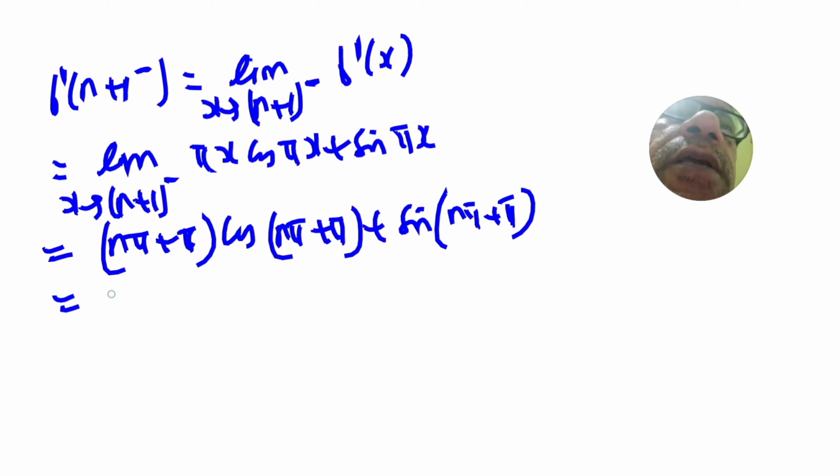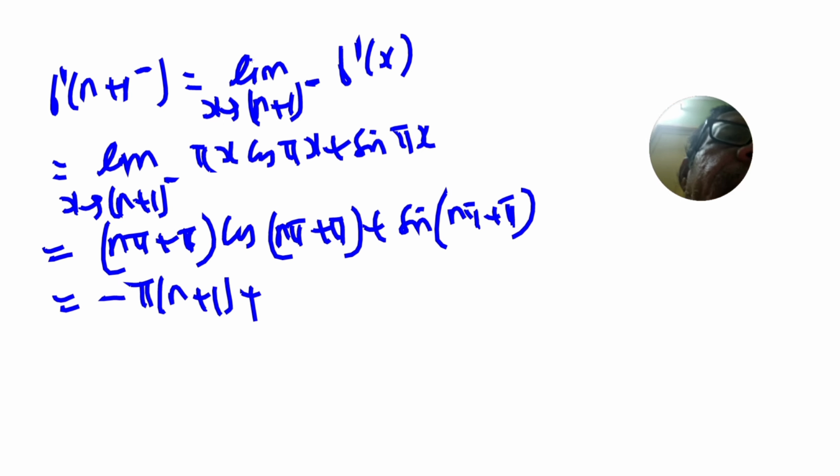Therefore, this will be minus of pi into n plus 1. Plus, when n is even, say n equal to 2, sin n pi plus pi will be sin 2 pi plus pi, sin 3 pi, that is 0. So when n equal to 4, 4 pi plus pi, 5 pi, so sin 5 pi is 0. So when n is even, sin n pi plus pi is 0. So the whole thing is less than 0.